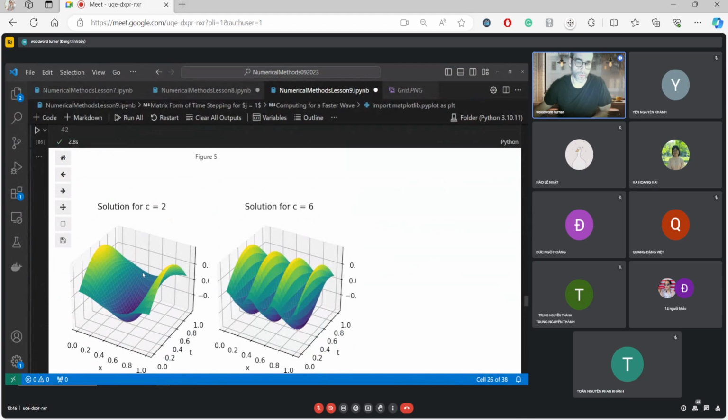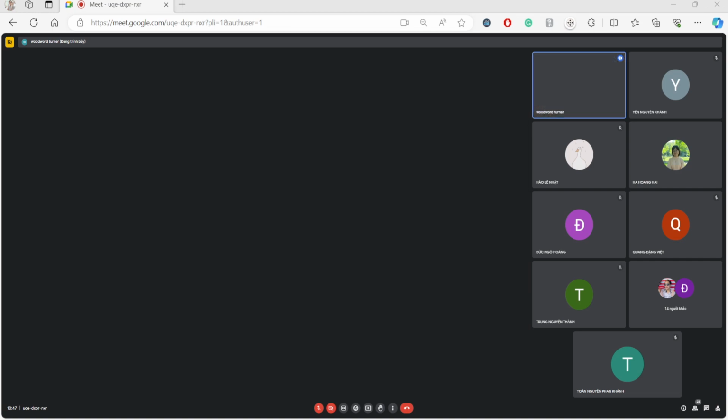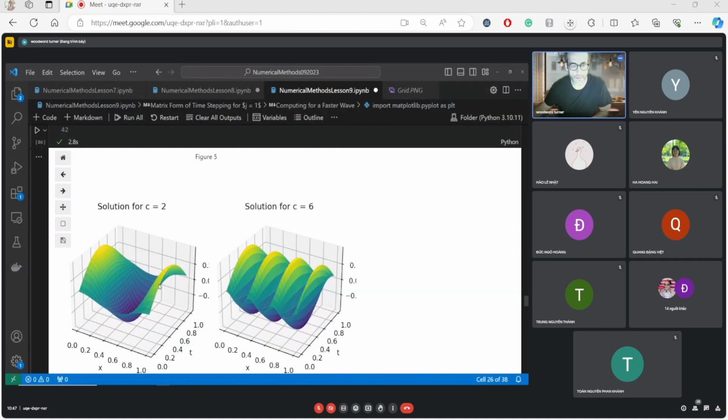So if we use this, and then we look at the CFL condition, c k over h is less than or equal to 1, to ensure stability. And then we look at this where we change something, right? So I'm going to change my constant c from 2 to 6, and I'm also going to change my n threefold.